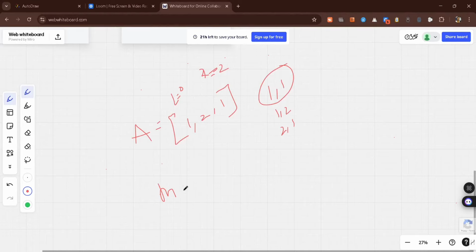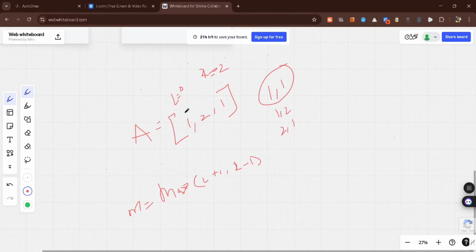The m value is the maximum value of the elements between l plus 1 and r minus 1. So let's think. L plus 1 means the values in between L and R we need to take.